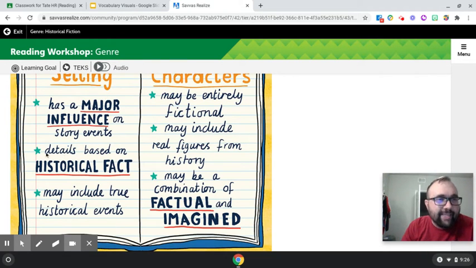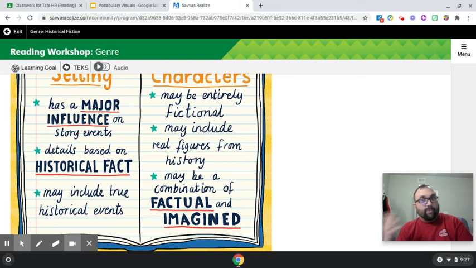Setting has details based on historical fact. Notice that wording: based on historical fact. So, certain details in there are going to be based on historical fact to make it seem real.